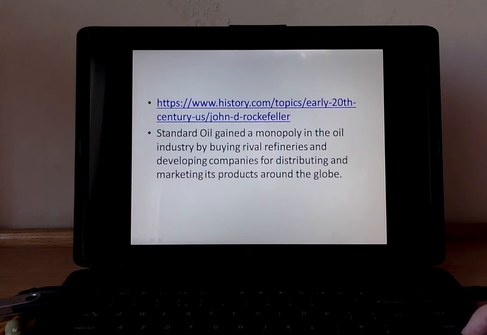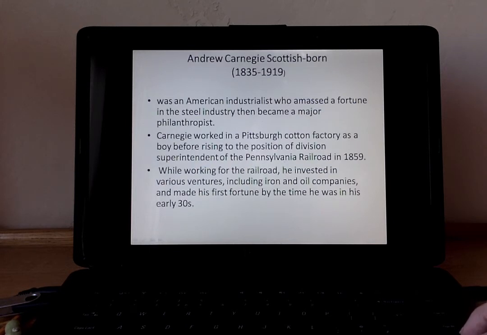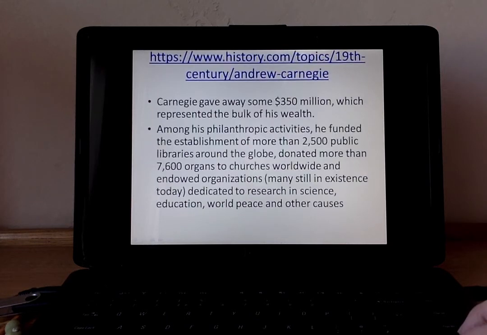Here we get another link from the story of his life. Then we have Andrew Carnegie, Scottish-born, who was an American industrialist who amassed a fortune in the steel industry and became a major philanthropist. Okay, you can read on.